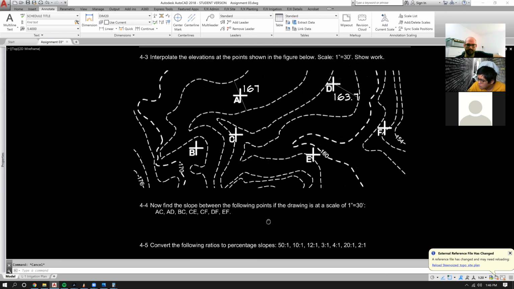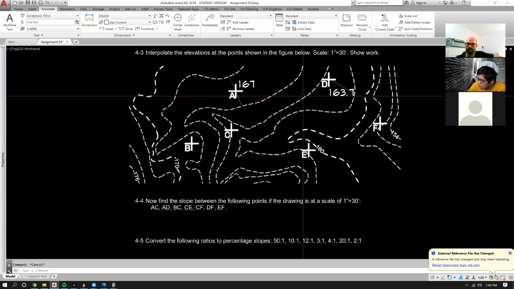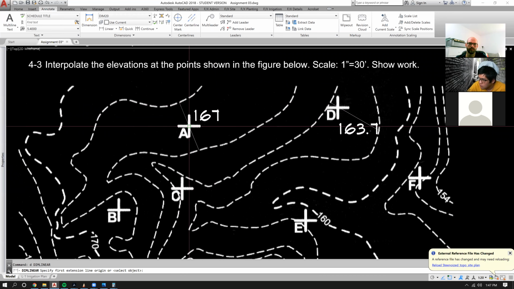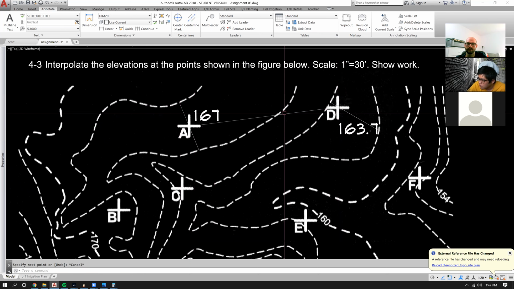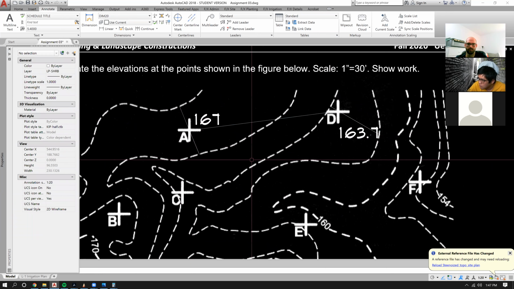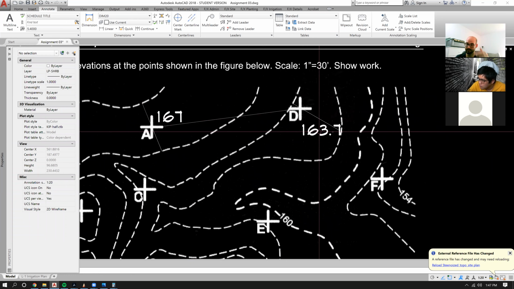So if you're finding the slope between the points, now we have 163.7 and we have 167. We're going to draw a line between the two and figure out the length, which is 68. And we're going to figure out the difference in elevation, 167 minus 163.7.